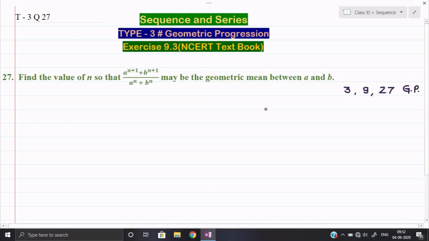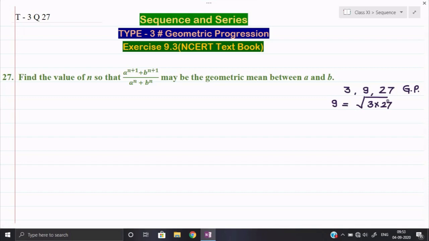Then we say that the second number 9 is the geometric mean of 3 and 27. 9 will always be equal to the square root of the multiplication of 3 and 27. If you multiply 27 and 3, it comes to 81, and the square root of 81 is 9.